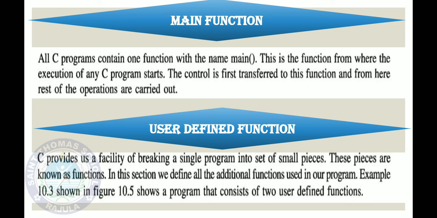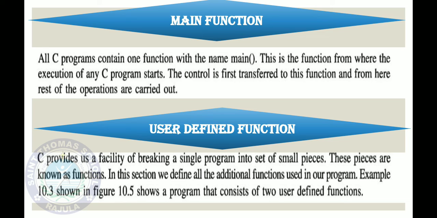If you are not using a main function in your program, then program execution is not possible. The control is first transferred to the main function, and from there the rest of the operations are carried out. The main function will handle all the activities in your program.